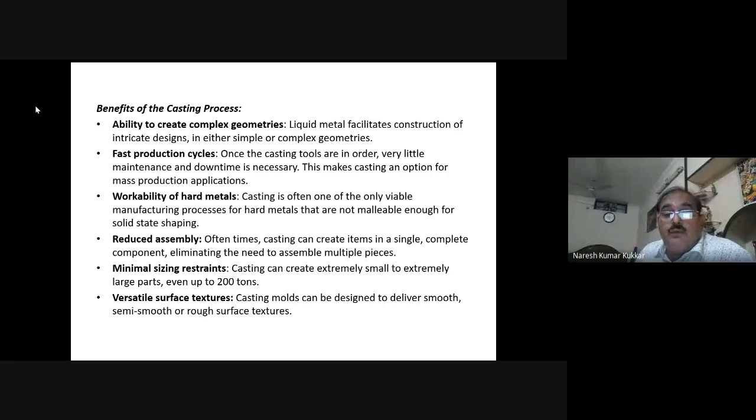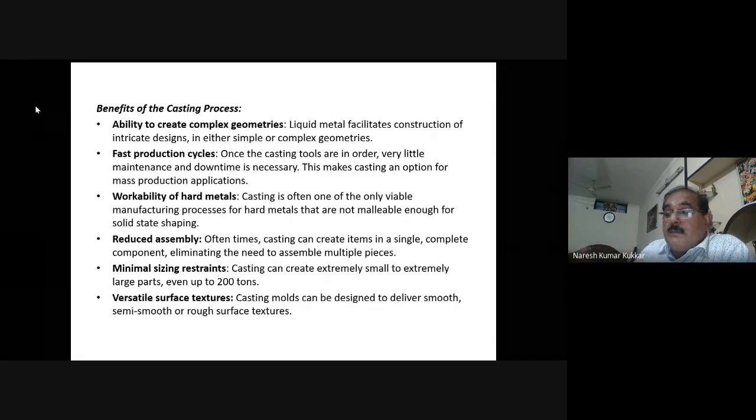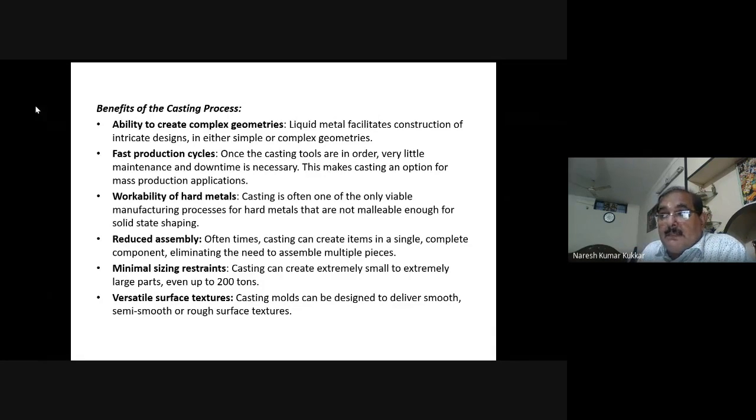Reduced assembly. Oftentimes casting can create an item as a single complete component, eliminating the need to assemble multiple pieces. Casting can be huge, depending upon your mold. So rather than creating multiple pieces and attaching them to each other, even a single piece can be created, and your assembly line can be reduced.